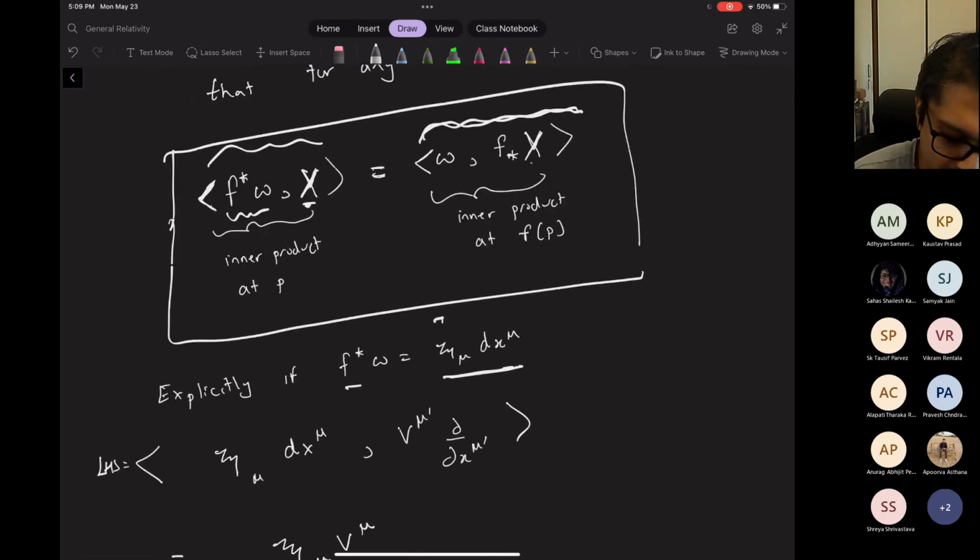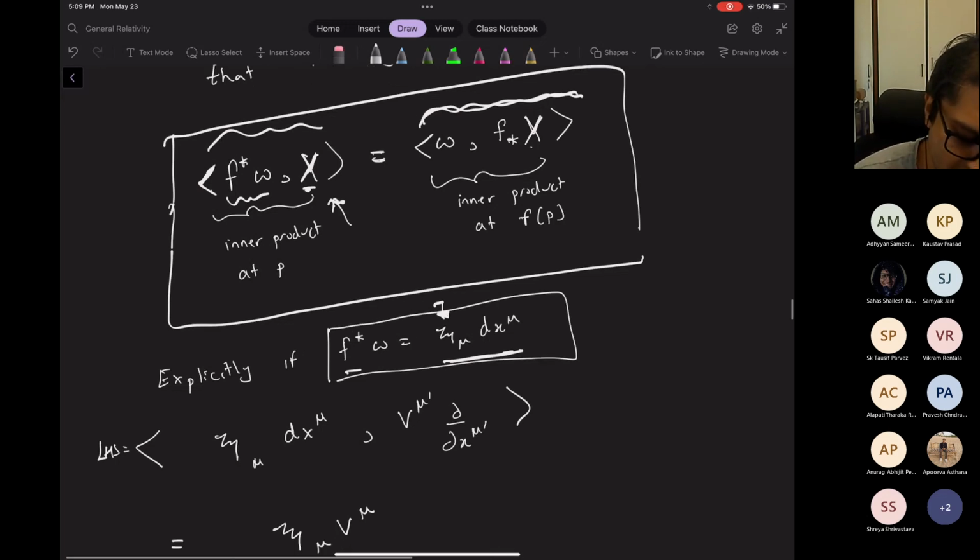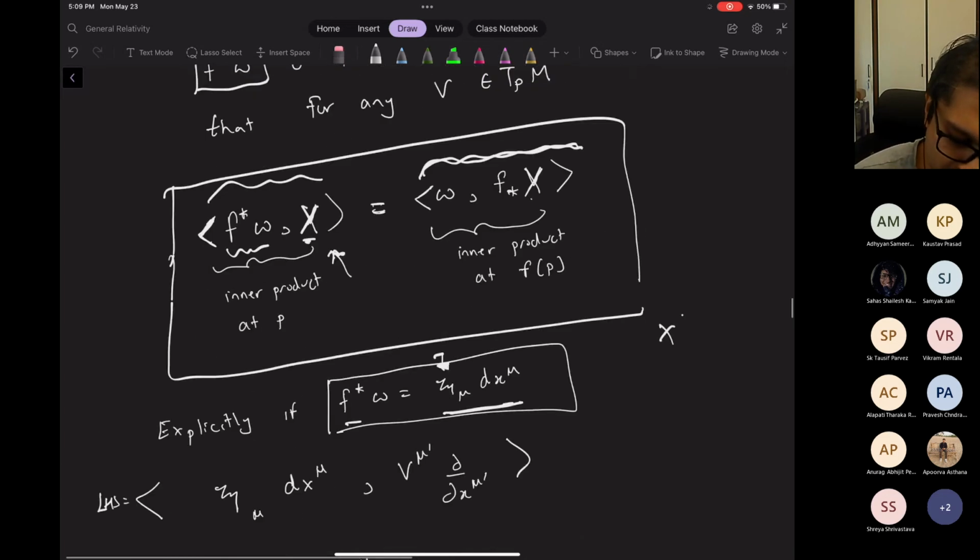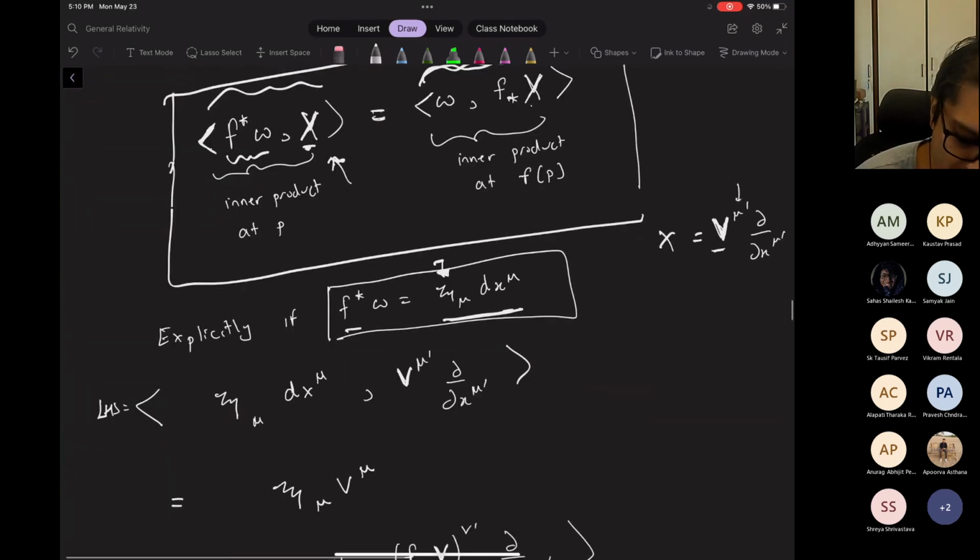Then this inner product, I'm going to write the vector x as some v mu prime partial x mu prime. The prime is just a dummy index, so don't worry about the prime. I was using v before, so I'm just going to leave it as v. So these are the components of this vector.